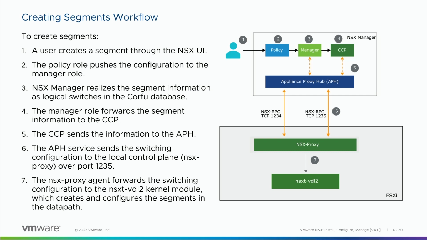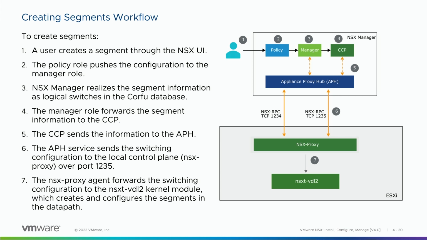We need to create this logical switch. We should create a router port on this logical router, and that logical router port should have this IP address, and so on and so forth, right? It's going to break that down into all of the constituent pieces that need to come together to create that segment. It's going to take those individual configuration pieces and hand those to the central control plane.